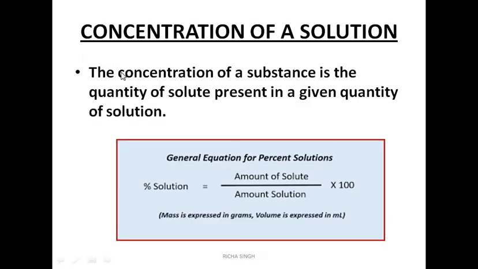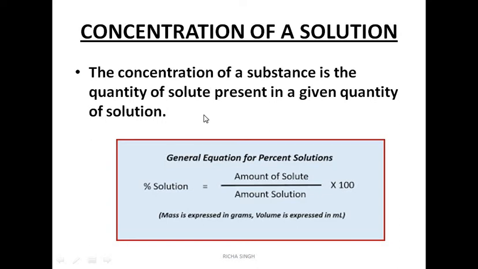Now we will study the concentration of a solution. Concentration of a substance is the quantity of solute present in a given quantity of solution. In solubility, it was solute that was getting dissolved in solvent. Here it is the solute that is present in a given quantity of solution.